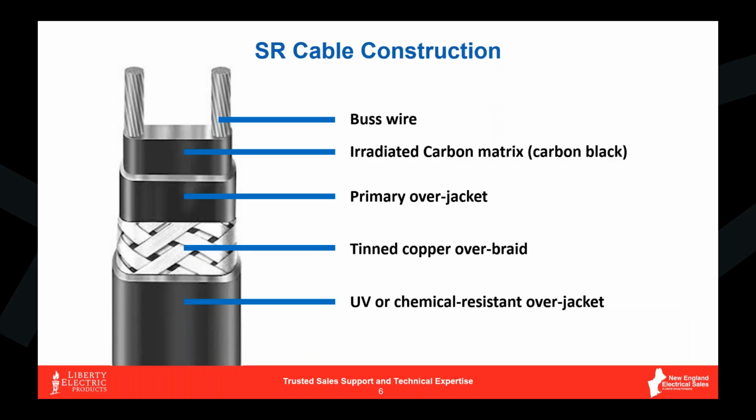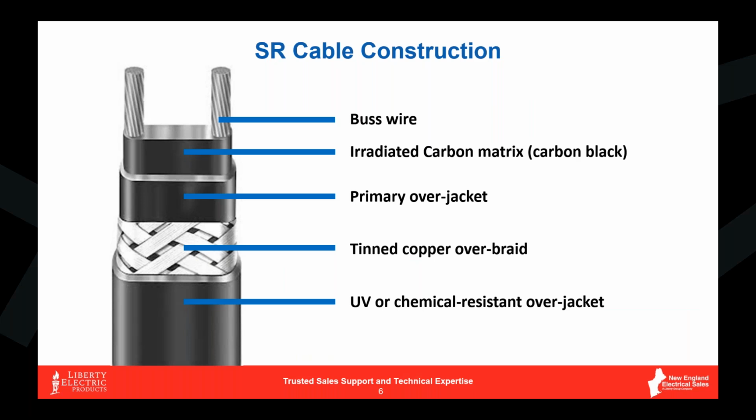So as the product has evolved, it added the tin copper overbraid layer to it, which is going to help with both grounding and cut resistance while you're applying the cable onto piping. And then of course you can also expect different choices as far as the outer jacketing of the cable is concerned. So again, I kind of alluded to the fact that we will not be talking anything about roof and gutter de-icing.